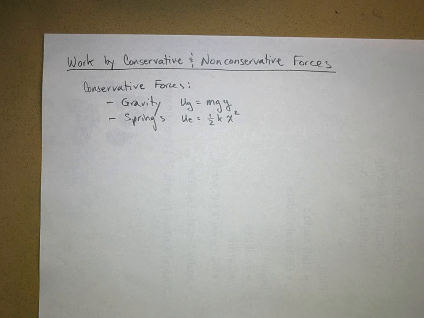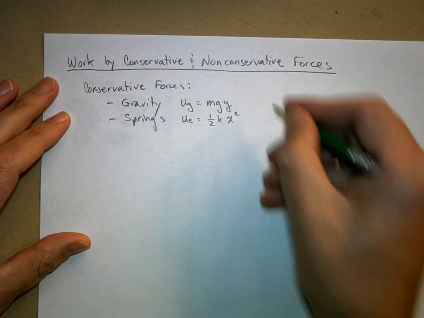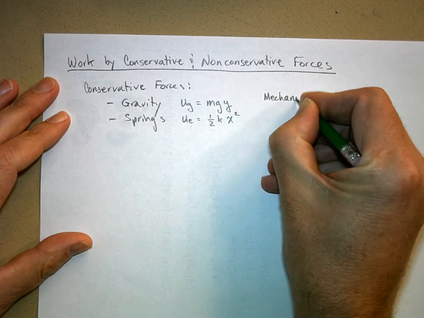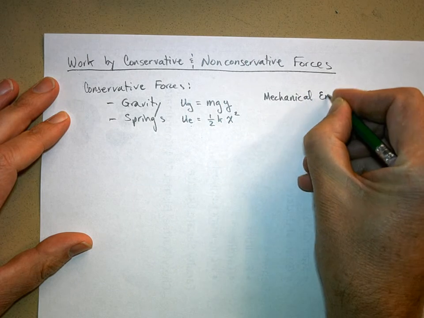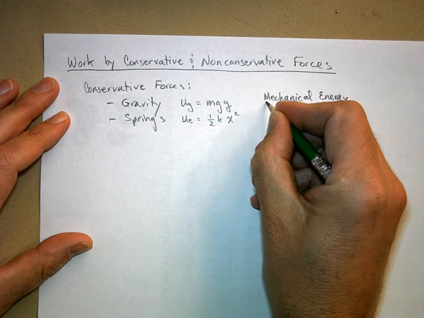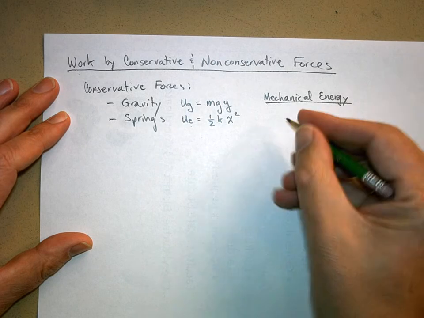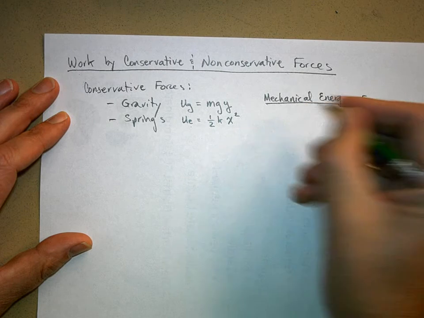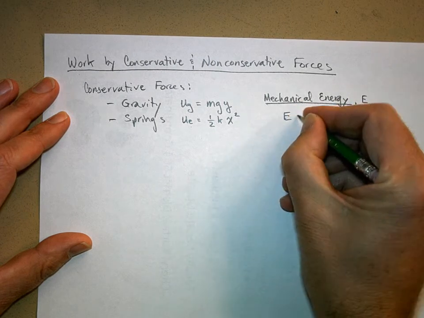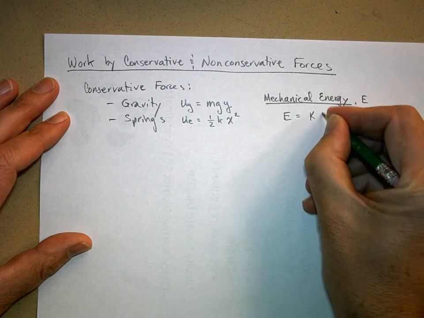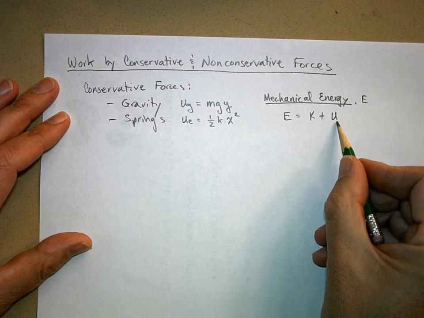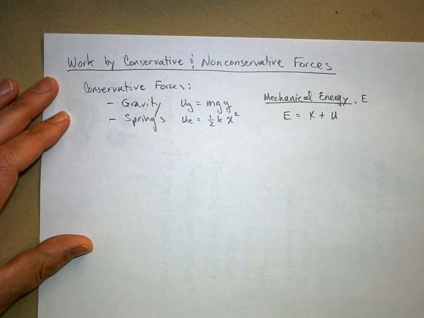Now, recall that we have this stuff we call mechanical energy, and we give it a variable name of E. Mechanical energy is defined to be the kinetic energy an object has plus the potential energy it has, and this U here can represent either one of these.